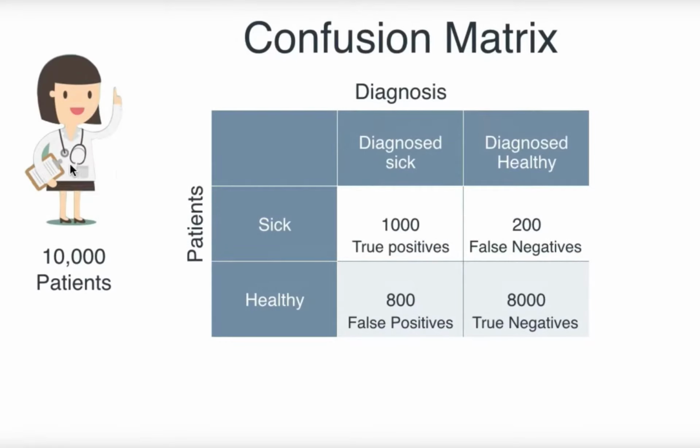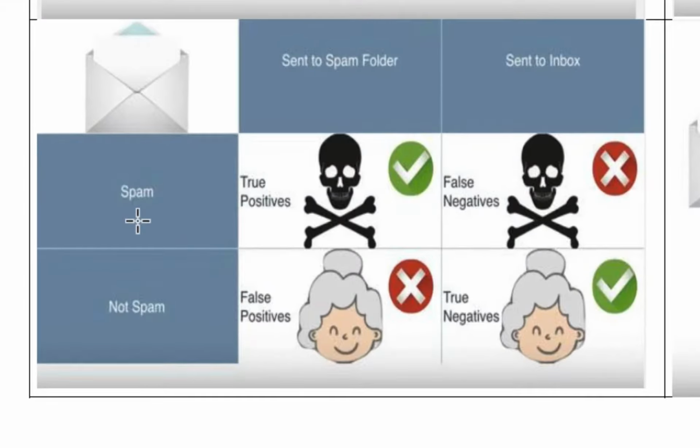Based on the collected data, the confusion matrix is going to show you clearly the number of true positives, false negatives, false positives, and true negatives. Here is another example, where your test data says an email is a spam or is not a spam, and your model is going to send it to the spam folder or to the inbox.